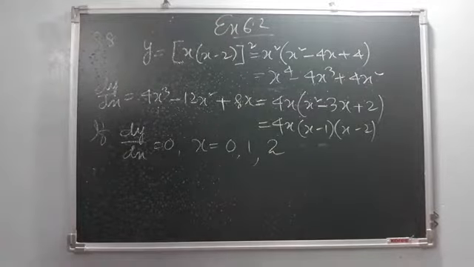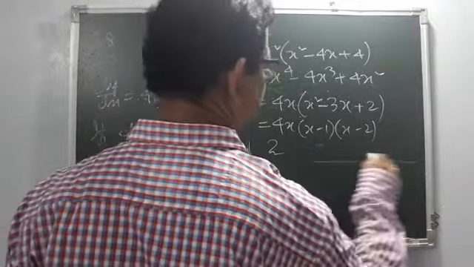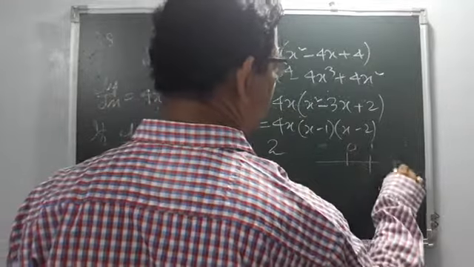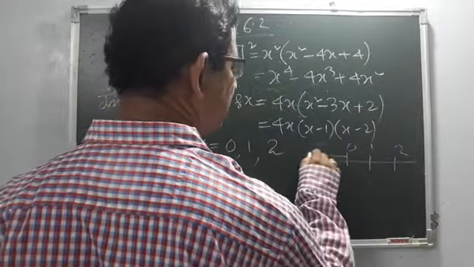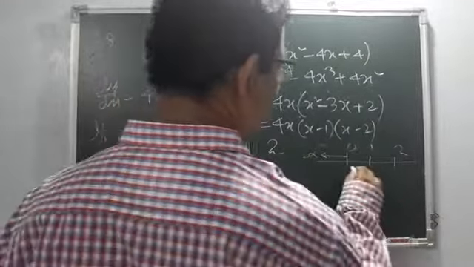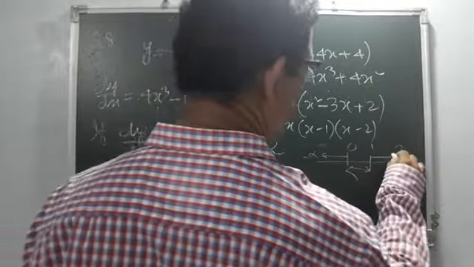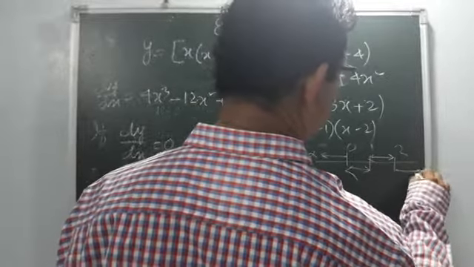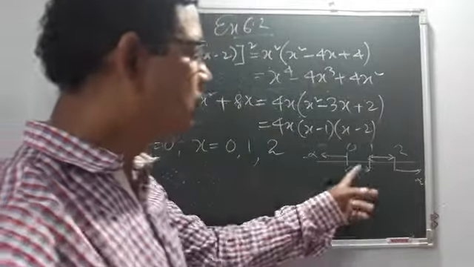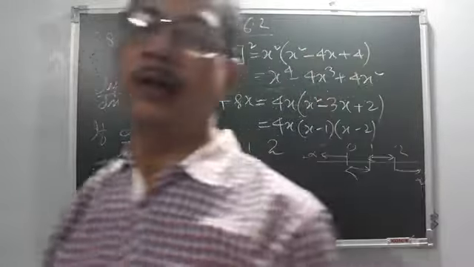So we get how many intervals? 0, 1, 2. So minus infinity to 0, then 0 to 1, then 1 to 2, then 2 to infinity. So we get 4 intervals.